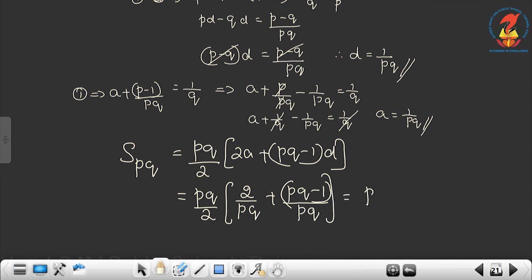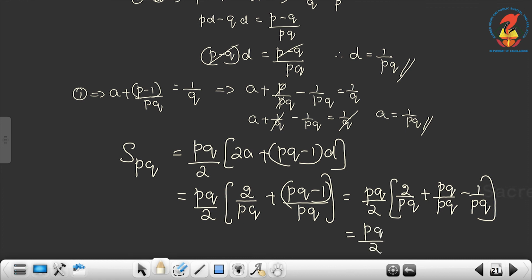Again divide each term. 2 by PQ plus PQ by PQ minus 1 by PQ. 2 by PQ and minus 1 by PQ becomes 1 by PQ. Then plus 1.